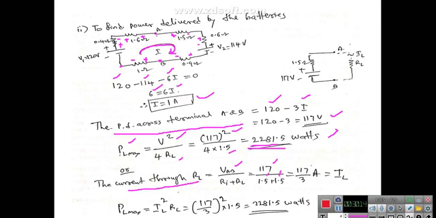So the current is 117 by 3 ampere, and PL maximum is equal to IL square into RL. If you substitute this value, you will get the same result, so you can make use of either voltage or current. The power consumed by the load remains the same. This power consumed by the load is nothing but the power delivered by both the batteries.